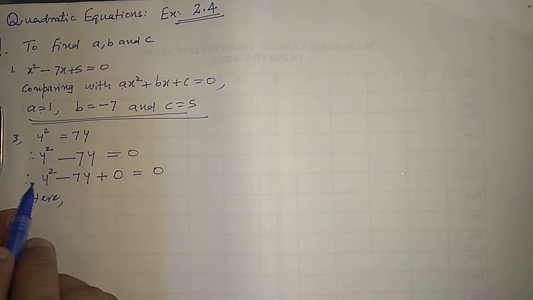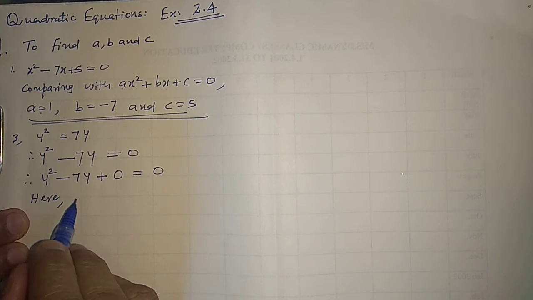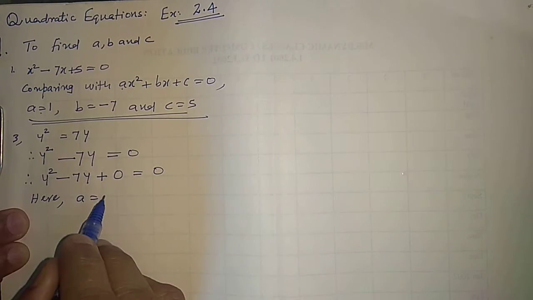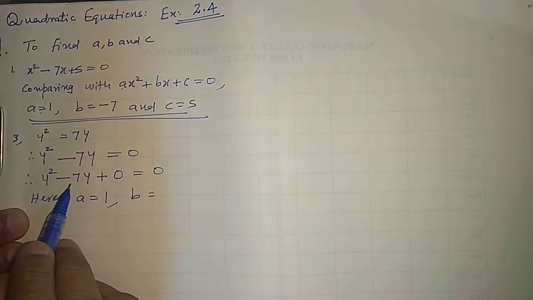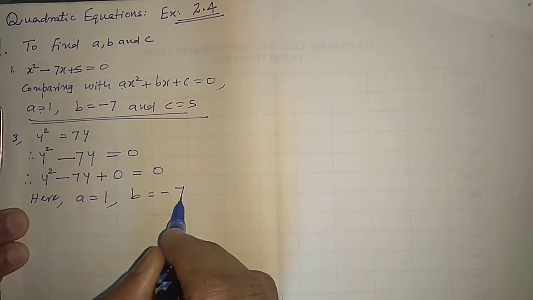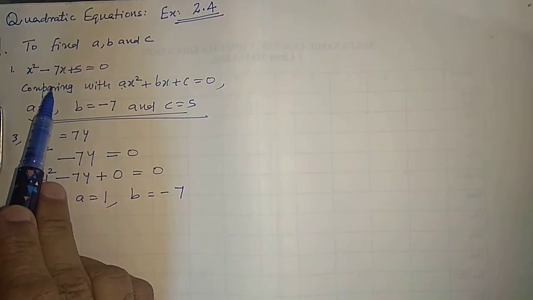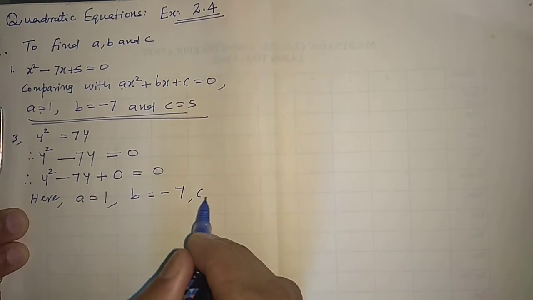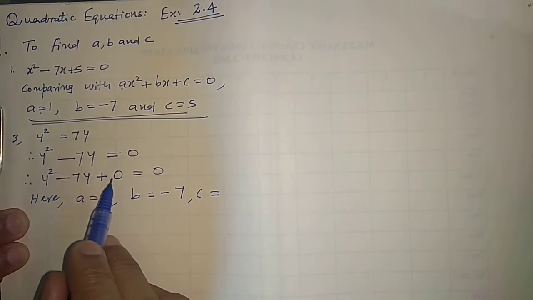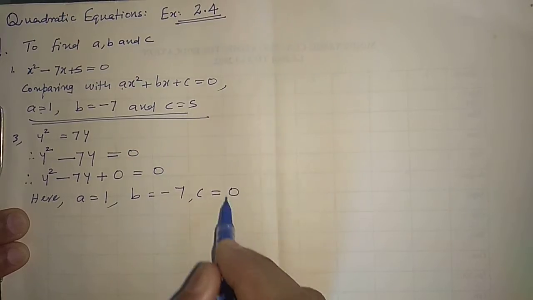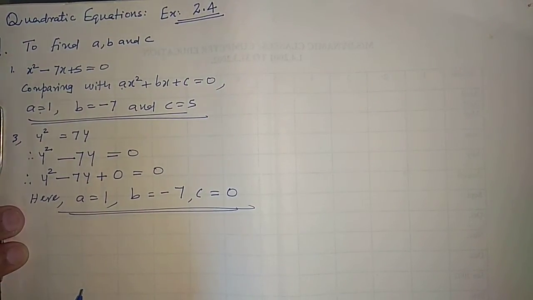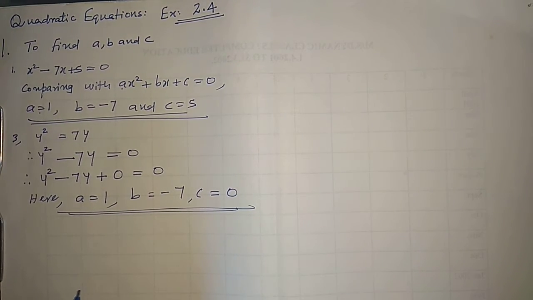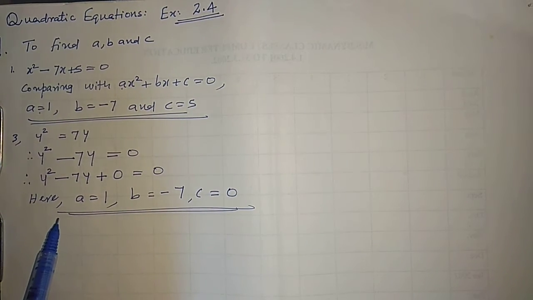Now what are we getting? The quadratic term coefficient a is equal to 1. The coefficient of the linear term is minus 7, here also minus 7 like the earlier question. And there is no constant, so we have to write c is 0. This is main question number 1, sub questions 1 and 3.